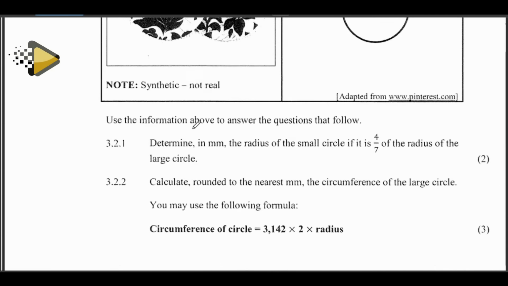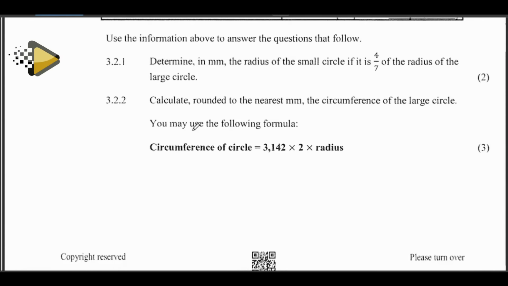So the question goes, 3.2.1, determine in millimeters the radius of a small circle if it is 4 over 7 of the radius of a big circle. This is simple.